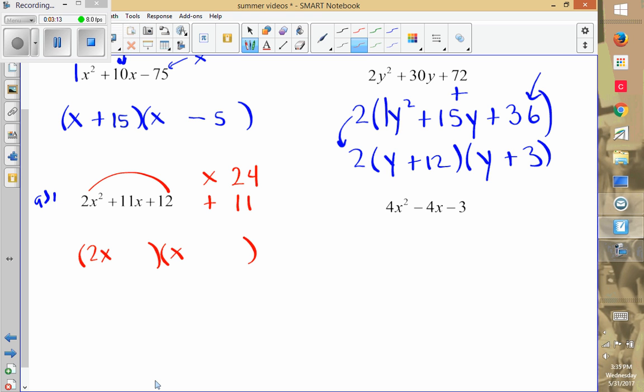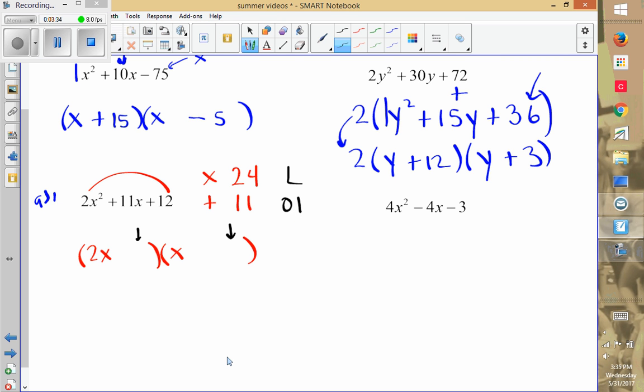If you think about your FOIL, the 24 comes from multiplying the last terms, and the 11 comes from adding the O and the I together.